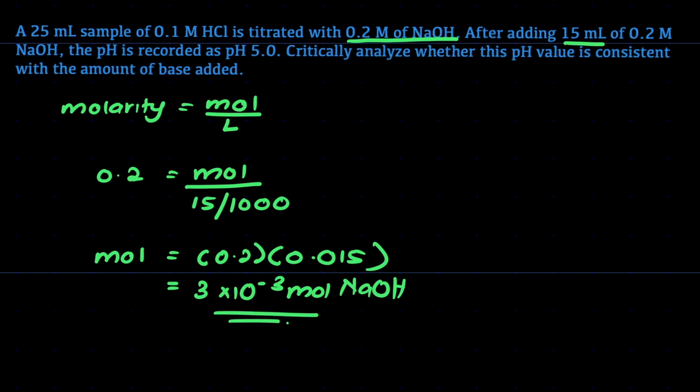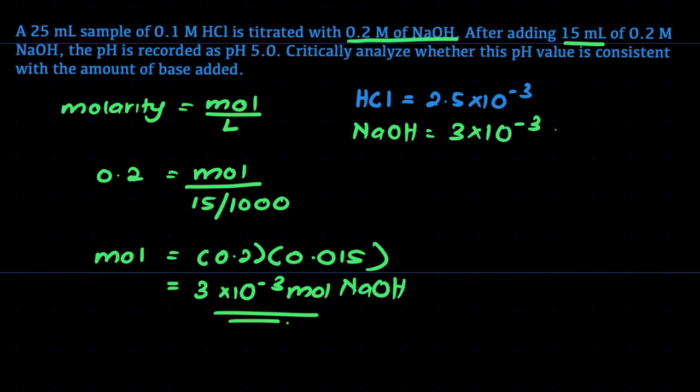Right, so let's compare with the calculation that we have done before. The number of moles for HCl is 2.5 times 10 to the power of negative 3. And you have calculated the number of moles of NaOH as 3 times 10 to the power of negative 3 mole of NaOH.